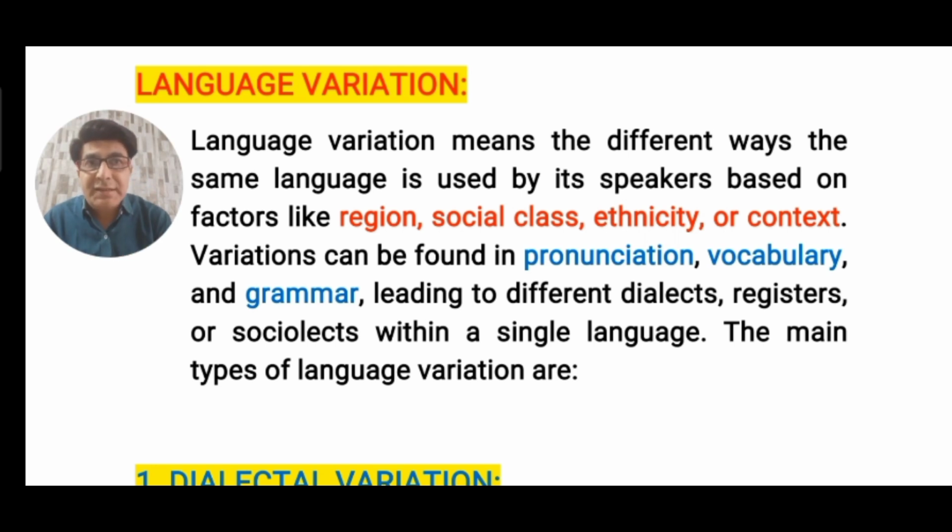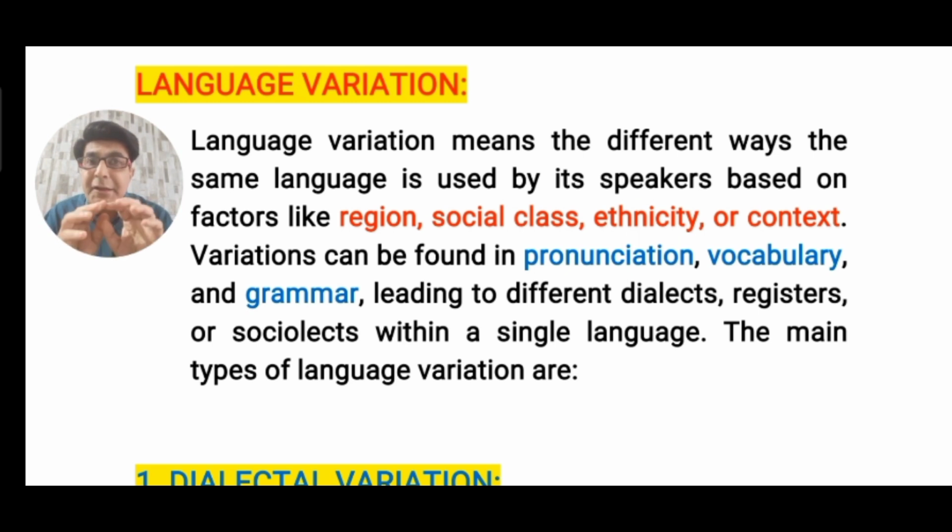Now we want to discuss language variation. What is language variation? Language variation means that at one particular point of time, at different places, in different societies and different cultures, people use the same language in different manners.